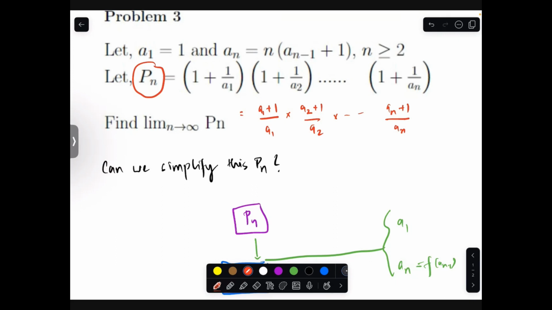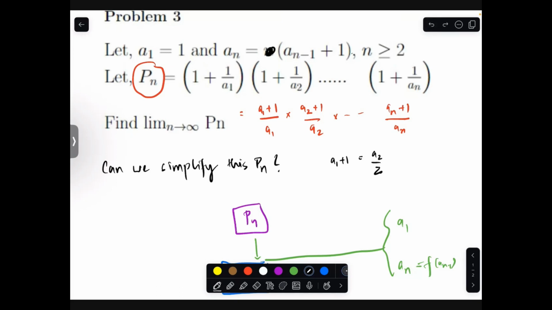And you can see that yes, something here is similar. You can easily see that. And you can see that, oh, nice. So a1 plus 1 is nothing but a2 by 2. So an minus 1 plus 1 is nothing but an by n, right?